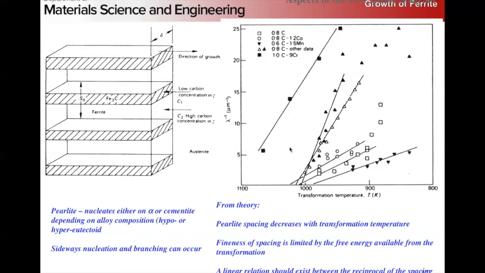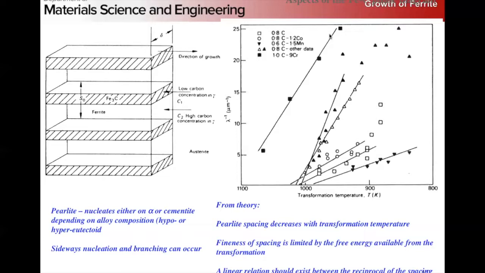So we have a linear relationship between the reciprocal of the spacing and the degree of undercooling. The reciprocal here, this is large spacing, this is small spacing, this is high temperature, this is low temperature. So at high temperatures, we have larger spacing, as our diffusion and driving force argument would say, and at lower temperatures, we have a finer spacing.